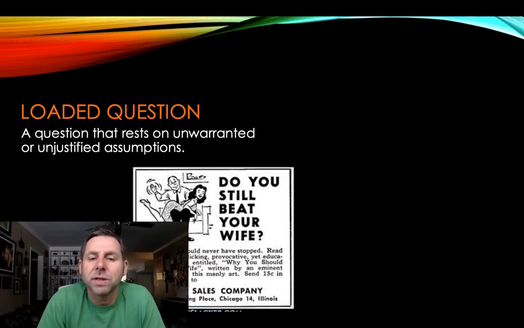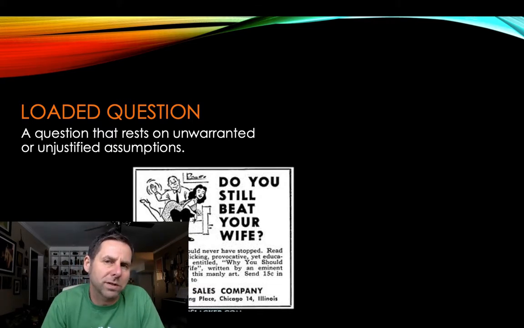Notice it says, "Do you still beat your wife?" And it's the kind of question where, well, you can't really answer it, right? If you say yes, you beat your wife before and now you still do. If you say no, you say essentially, "I stopped." Either way, it's making the unwarranted assumption that you beat your wife.